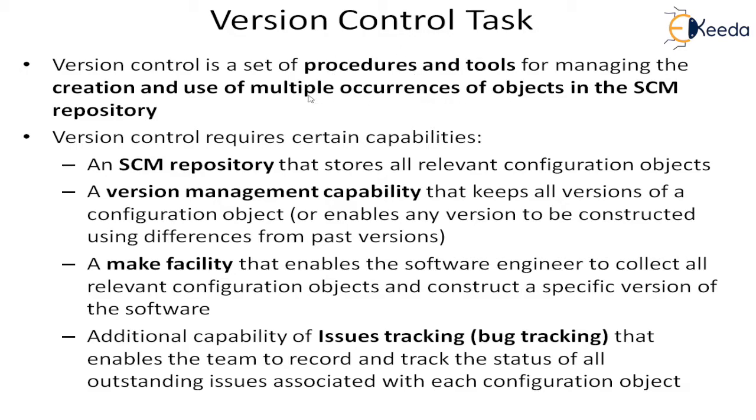Because in the configuration repository, we have said for each object, we will keep multiple occurrences. The previous occurrences will also be kept. And the last one that will be released will be the baseline one. So version control is a set of procedures and tools for managing the creation and use of multiple occurrences of objects in the SCM repository.